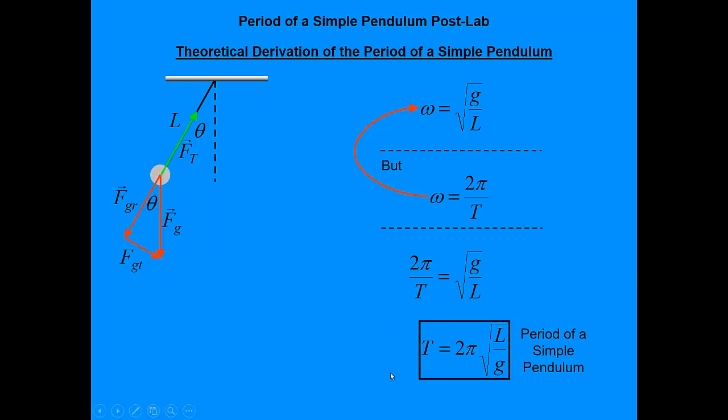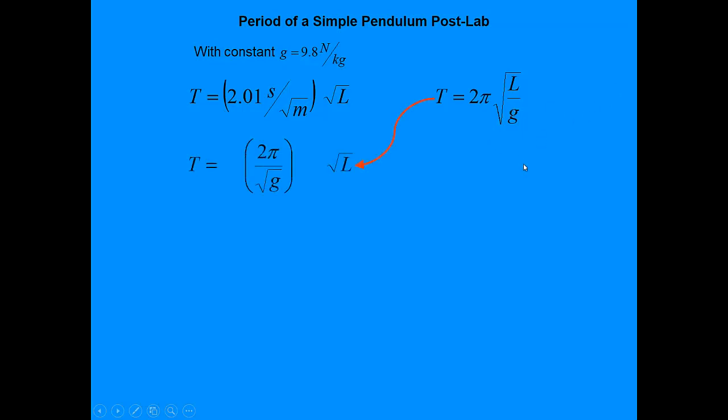Now, let's take this theoretical period of a simple pendulum and see how it leads us to what we got in the lab. In the lab, we got something like this with constant gravitational field strength. Well, here's our general math model. So let me rewrite it to look more like our experimental math model.